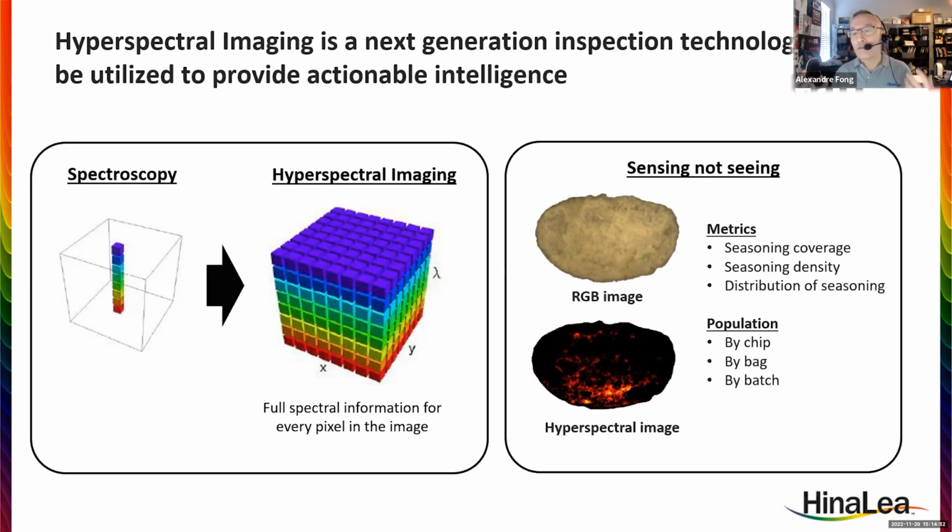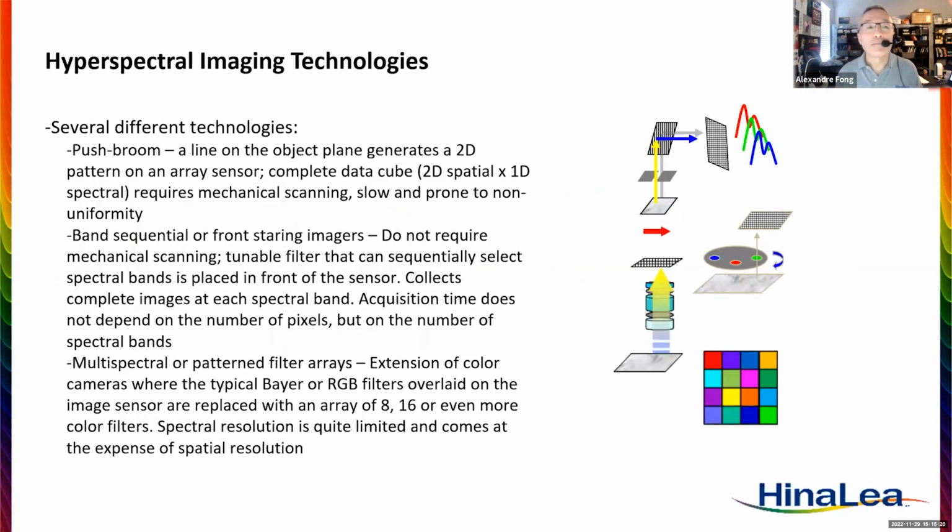You can then do categorization by the individual potato chip, by the bag, by the batch. The hyperspectral image kind of looks like one of the moons of Jupiter or something at the bottom, but the orangey bright false color indicates the coverage of a certain type of seasoning, a certain flavor that's on that potato chip. Otherwise wouldn't be detectable, not with your human eye.